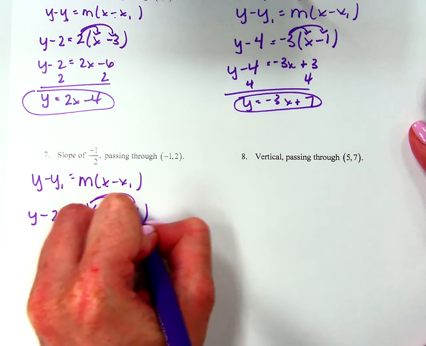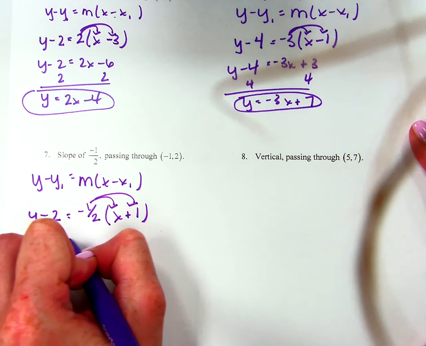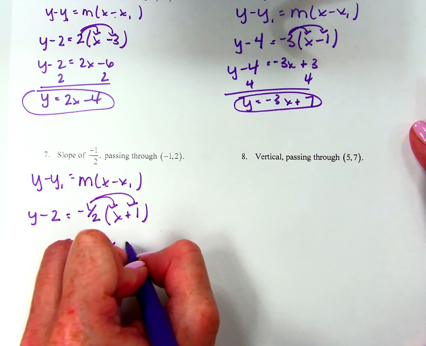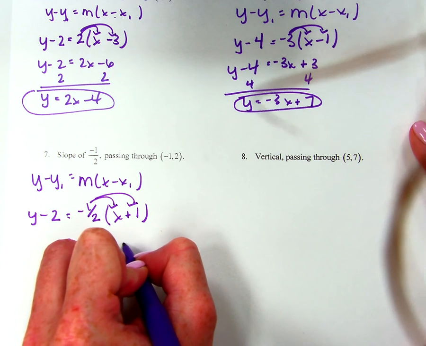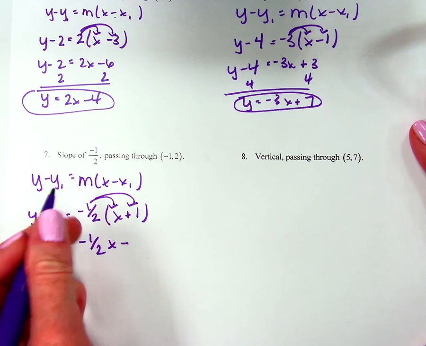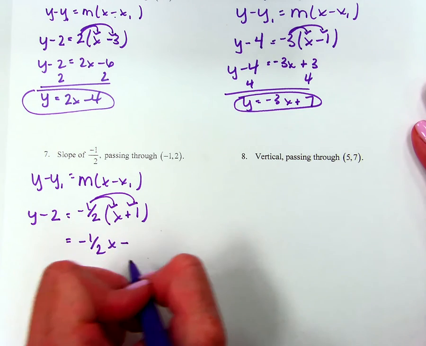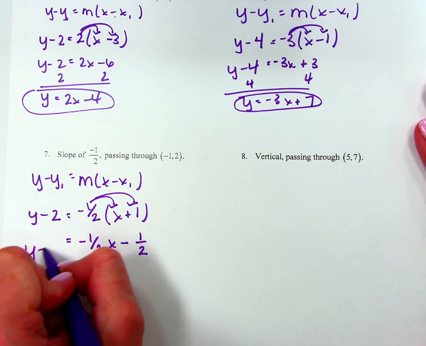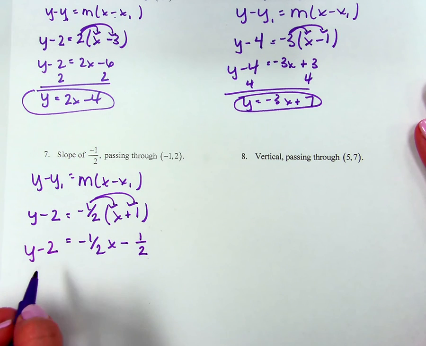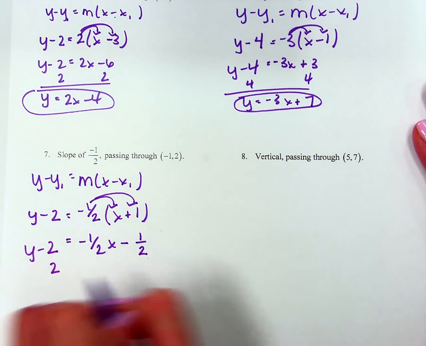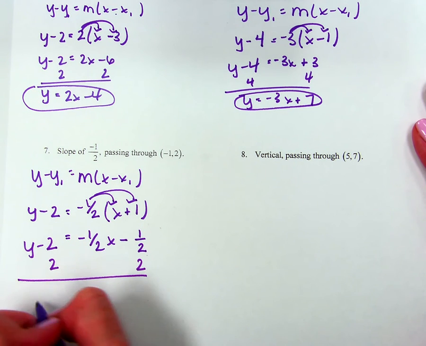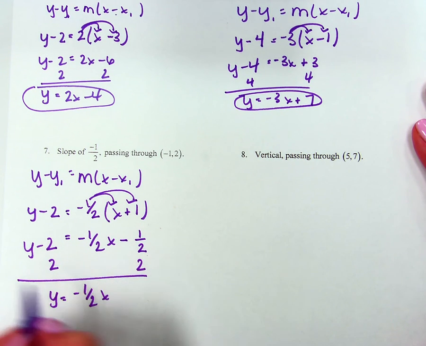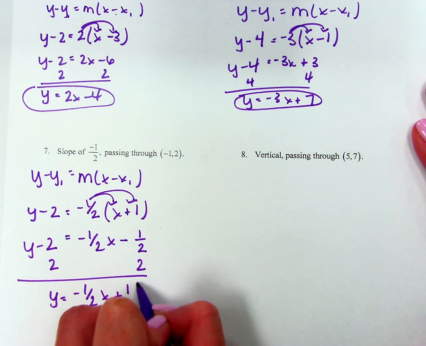I'm going to distribute here, so I have negative 1/2 x minus one-half, and I have y minus 2. I'm going to add 2 to both sides, and I end up with y equals negative 1/2 x plus 1 1/2.